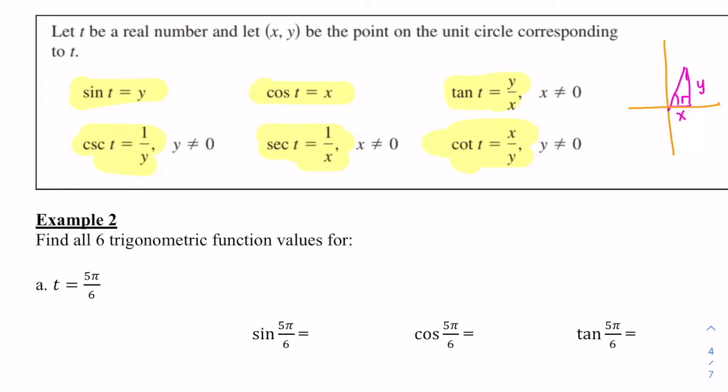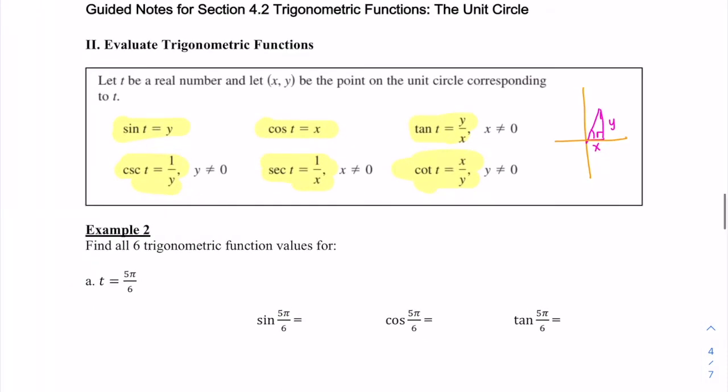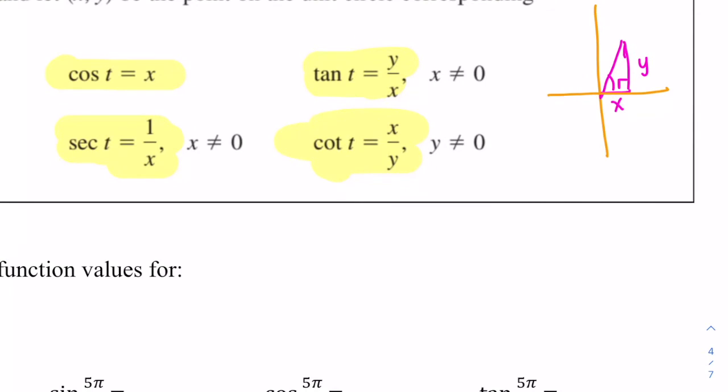Now remember, we have these 6 functions, and it depends on the coordinates to see if they're going to be positive or negative. And so remember, in the first quadrant, both the x and y were positive. In the second, the x is negative. In the third, they're both negative. And then in the fourth, the y is going to be negative.